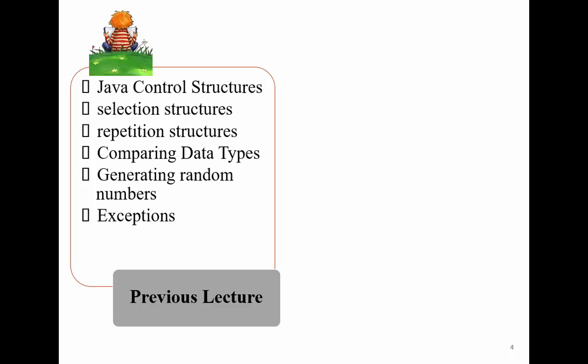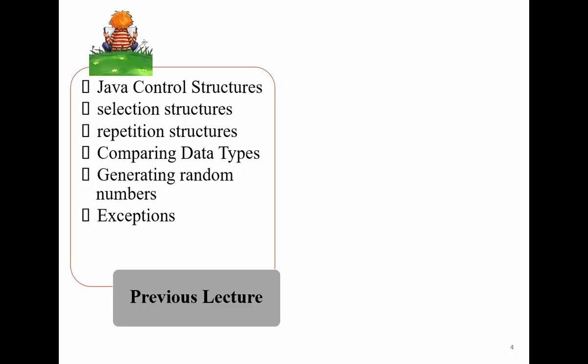But whenever it is an object data type, a class like String, which Java experts created for us, we cannot use equals equals. What should we use to compare for equality? Dot equals. Dot equals is a method that allows us to compare the content of the string, because whenever you compare object data types with equals equals, you are comparing whether they refer to the same position in memory.